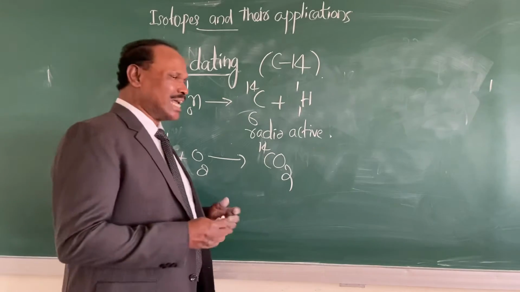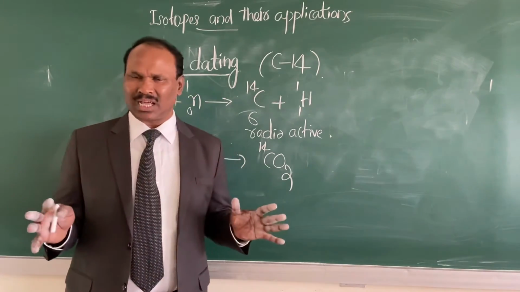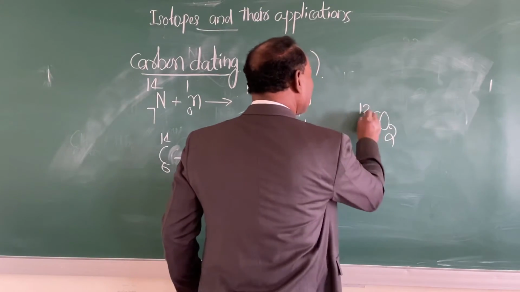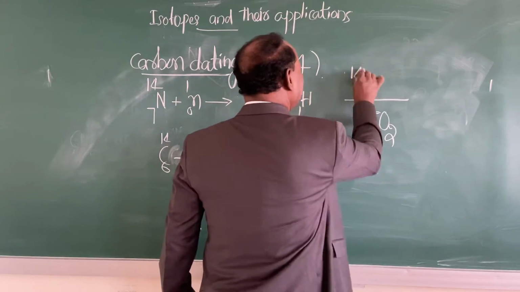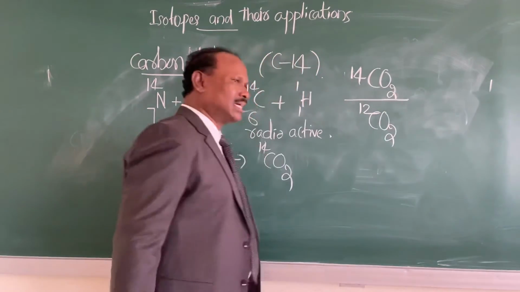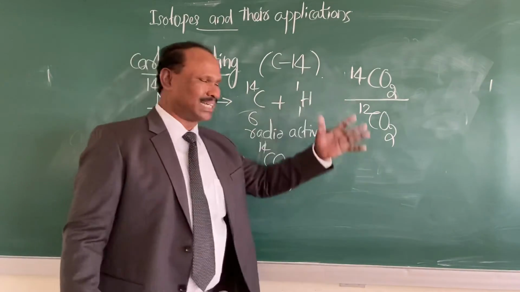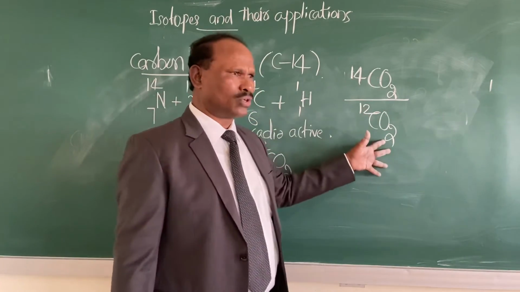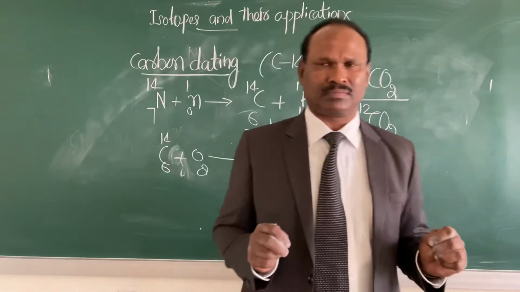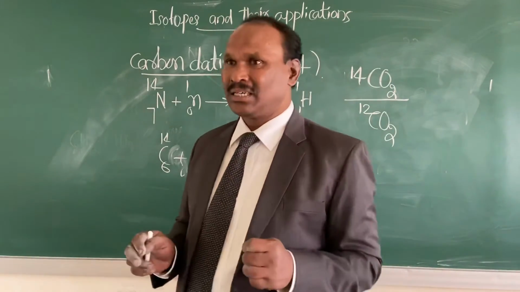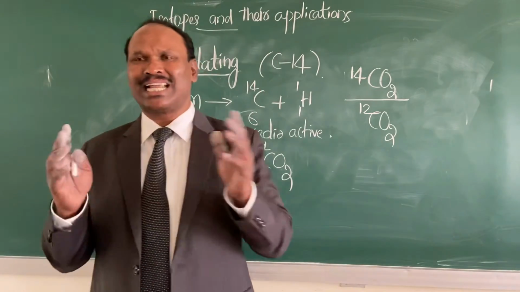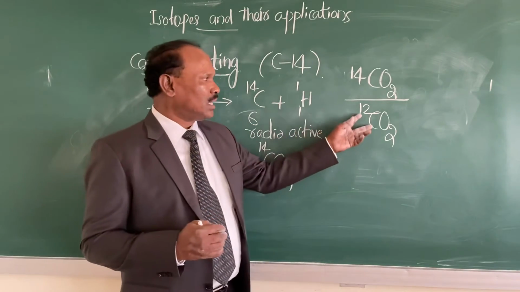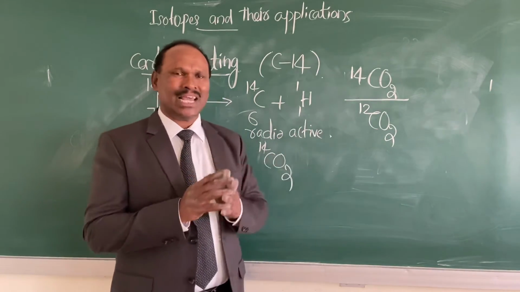As long as plants and animals are alive, they also take up naturally occurring 12CO2 along with plants. This ratio of 14CO2 to 12CO2 will remain balanced. I repeat, as long as the plants and animals are alive, this ratio of 14CO2 and 12CO2 remains constant.